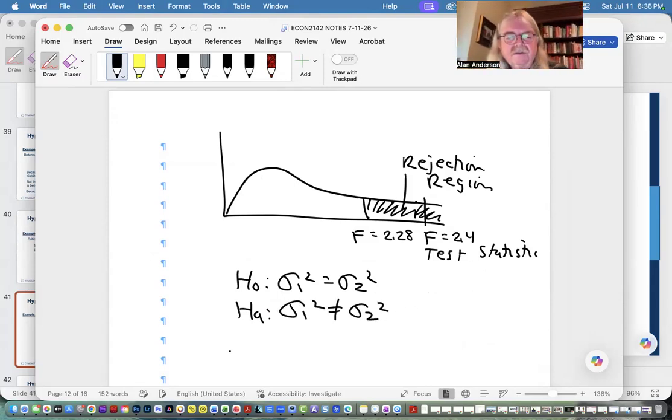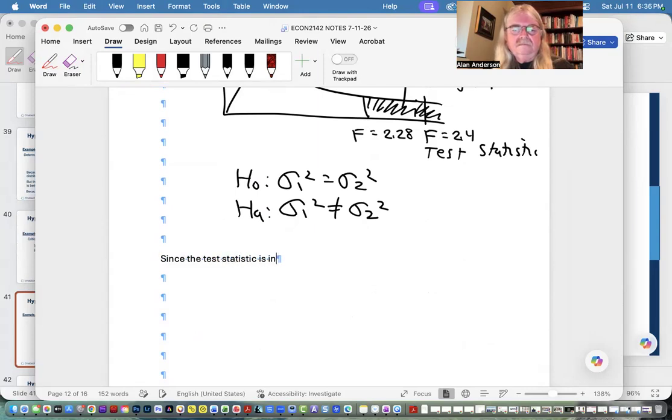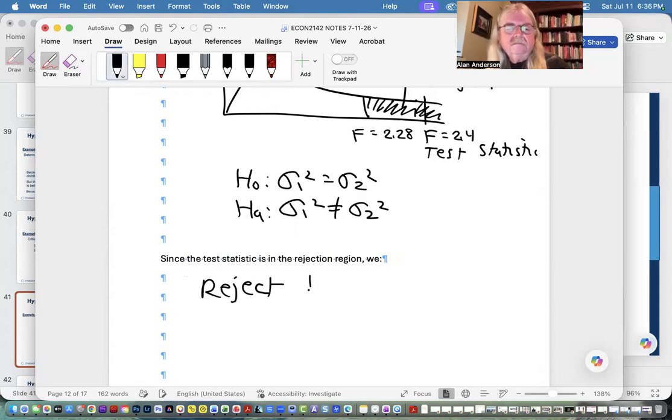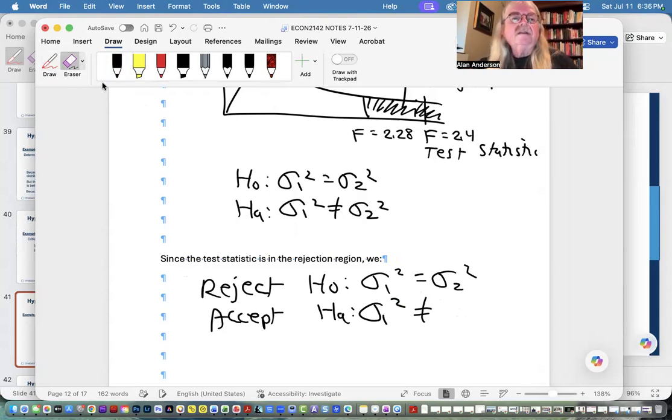Because the test statistic is in the rejection region, we reject the null. In other words, we have evidence that the variances are different.